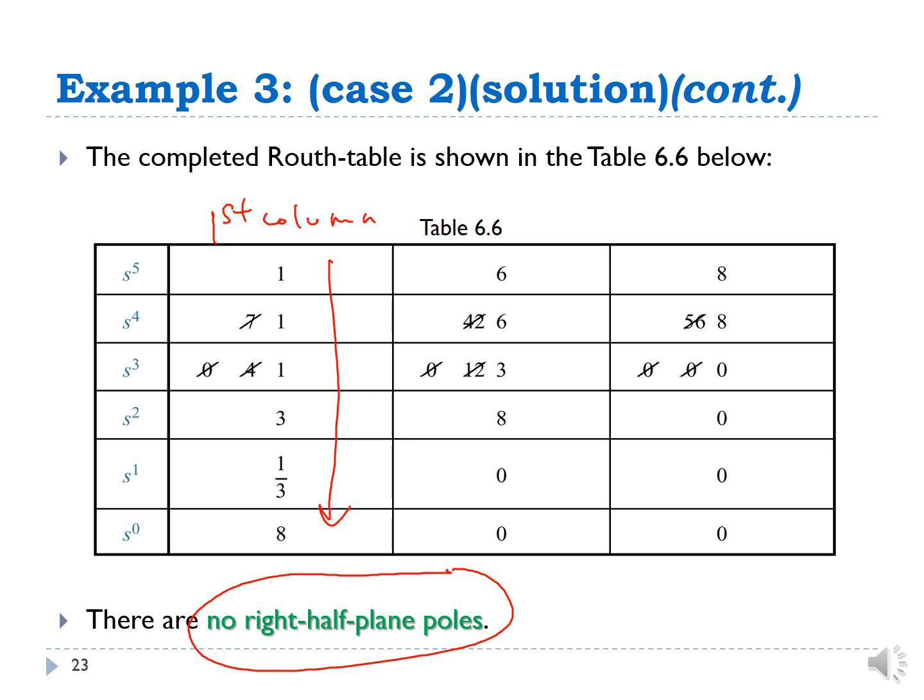Then, how about the stability of the closed loop system? Yes, the system is considered stable since no sign changes occur in the first column of the root table.